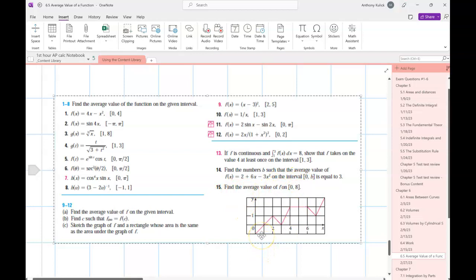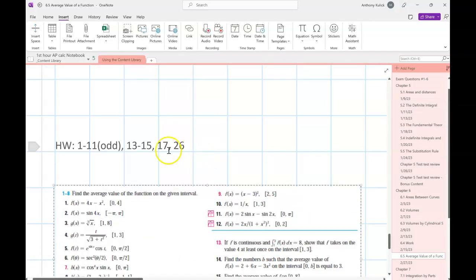And all they give you is a picture. How are you going to do that? You're going to do the integral geometrically or by counting the boxes. Either one would be appropriate. And then you'll divide that by the length of the interval you're integrating over. That's it. No big deal, right?